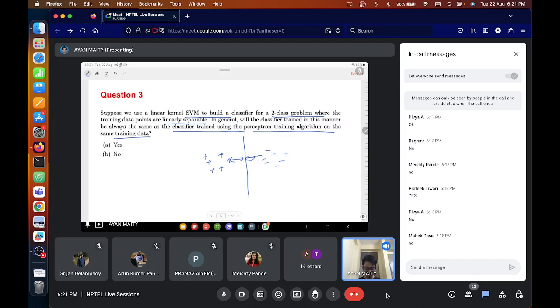It should be equally distant from the closest positive point and the closest negative point, so that it maximizes the total margin.